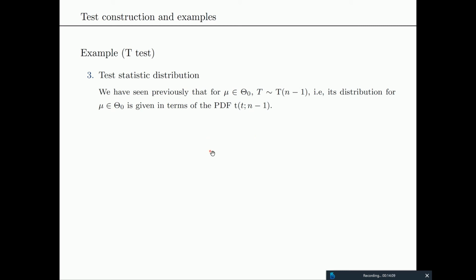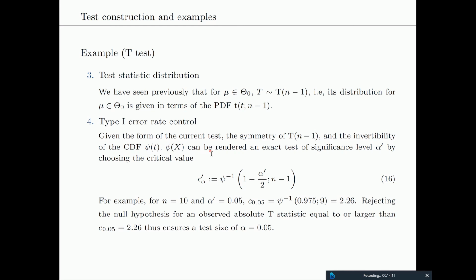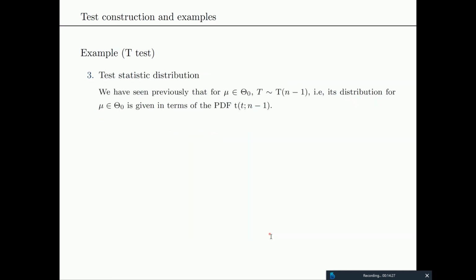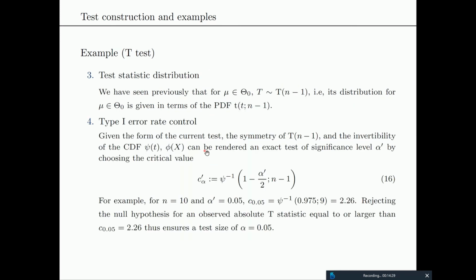Now, type 1 error rate control. If you know what the distribution of the test statistic is, then you can come up with a decision rule of this form by thinking about the distribution of the test statistic.